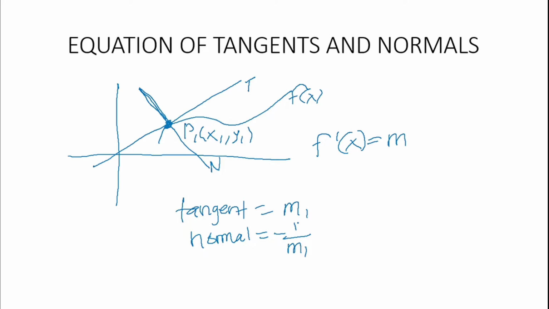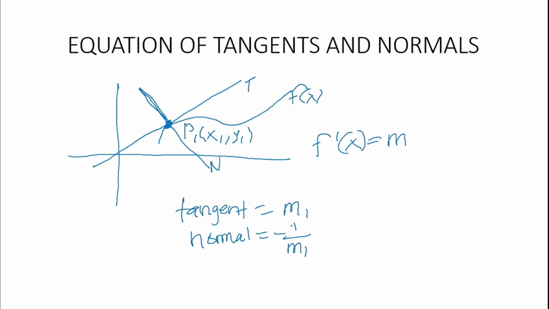Second, we substitute the given point, and then we can get the slope of the curve. The tangent has the same slope, and the normal has negative 1 over m1. So tangent is equal to m1 and normal is equal to negative 1 over m1.